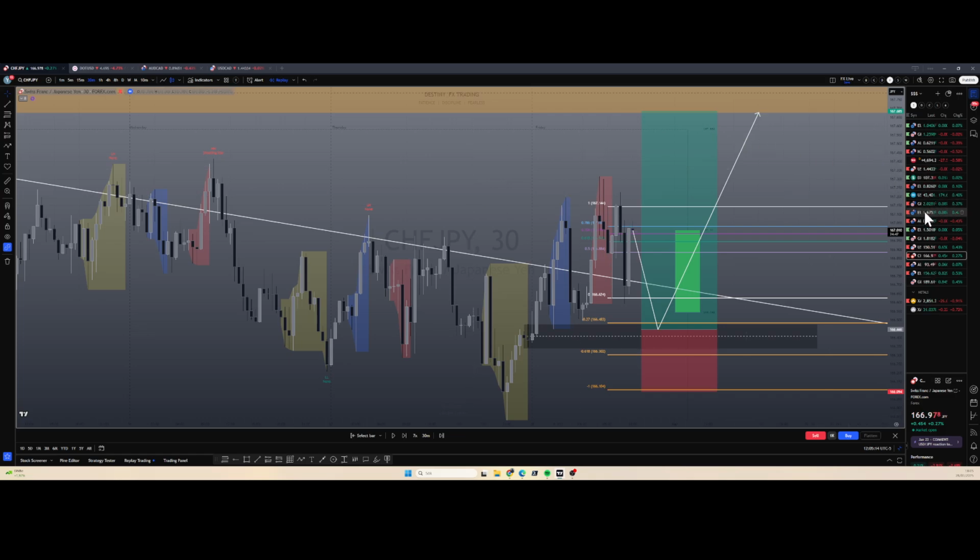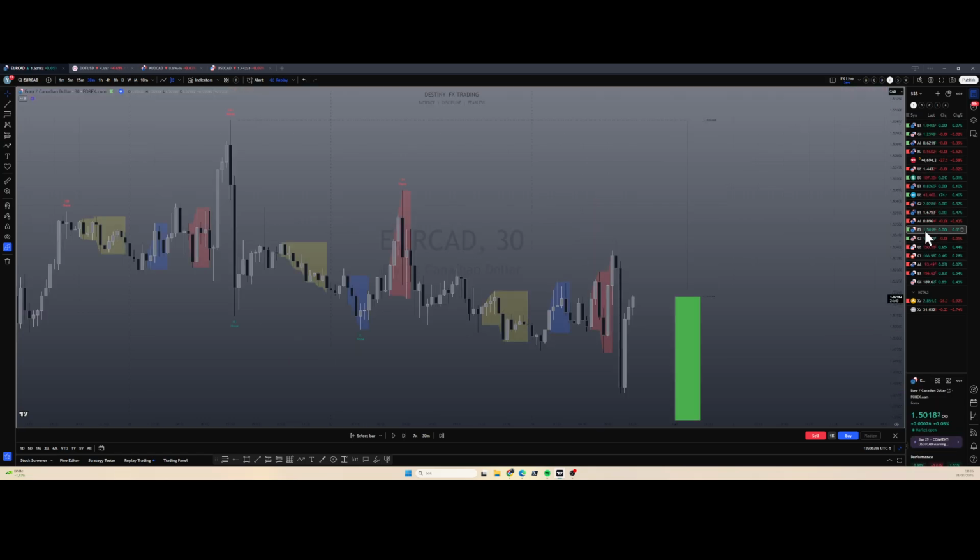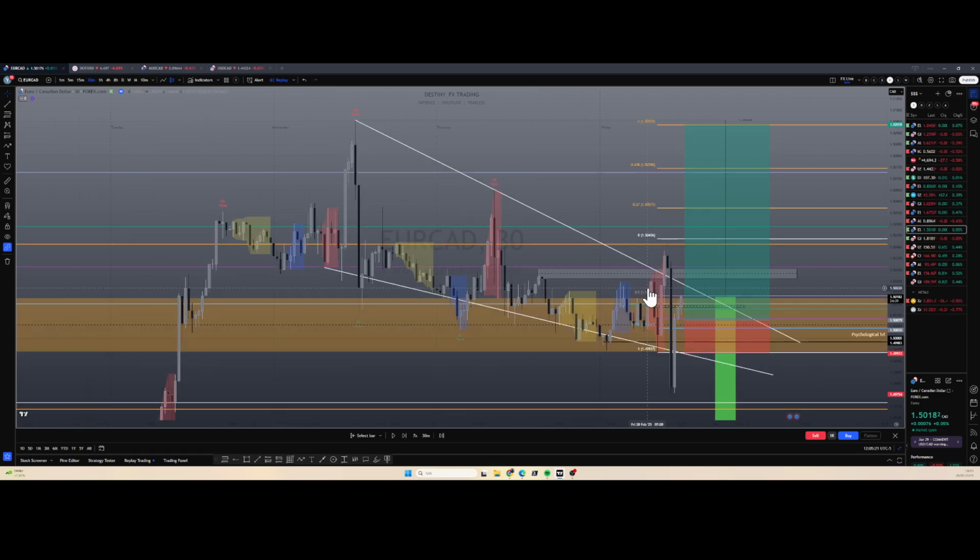And like I say, it's a possibility that the trade will just keep pushing up from here, taking out all of this buy side liquidity. So that's basically it.